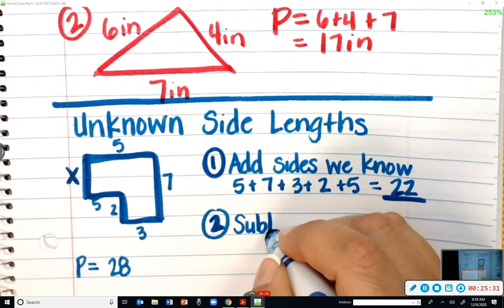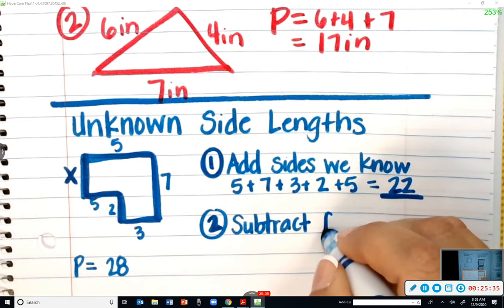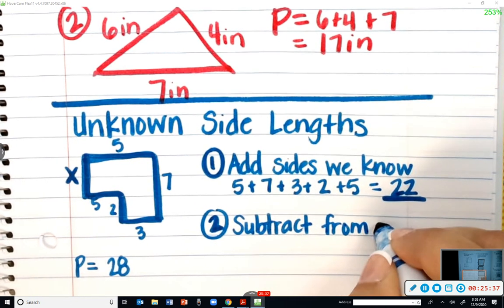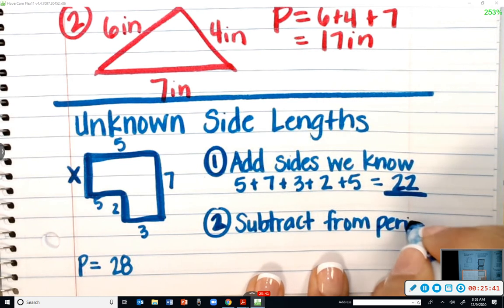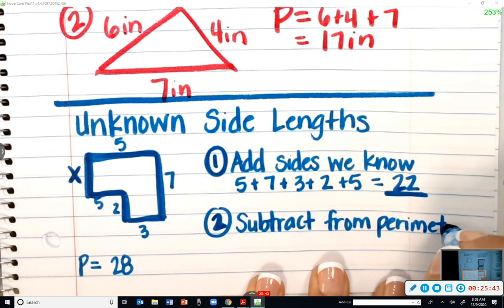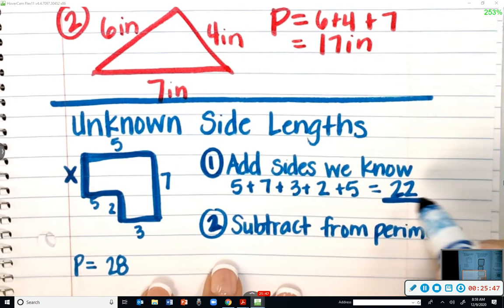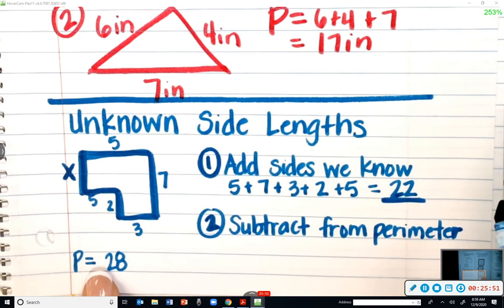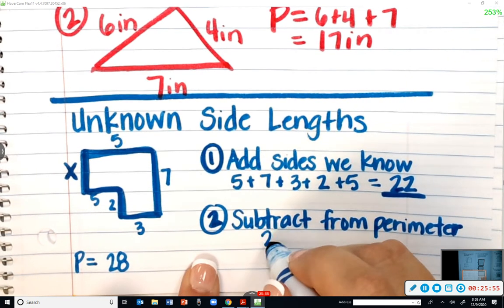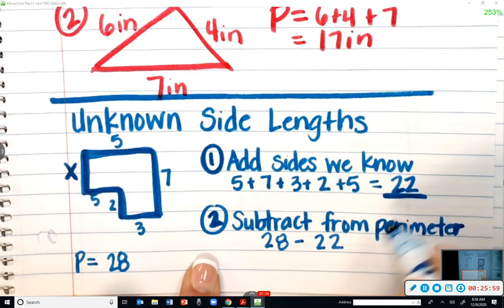Yes, we're going to subtract from the perimeter what we just added. The perimeter is 28, so I would do 28 minus 22.